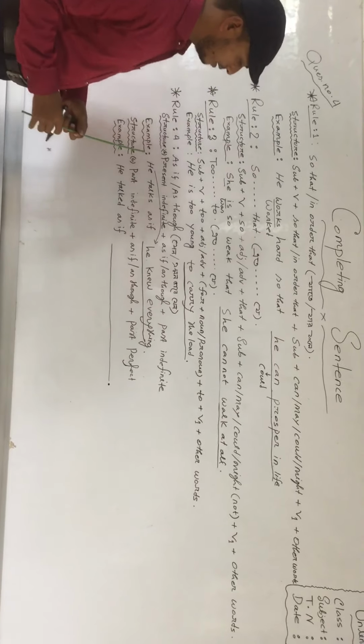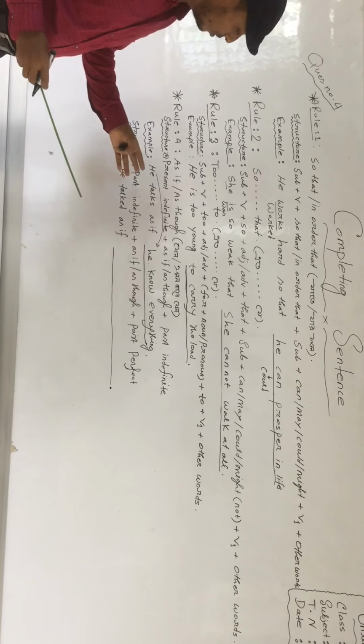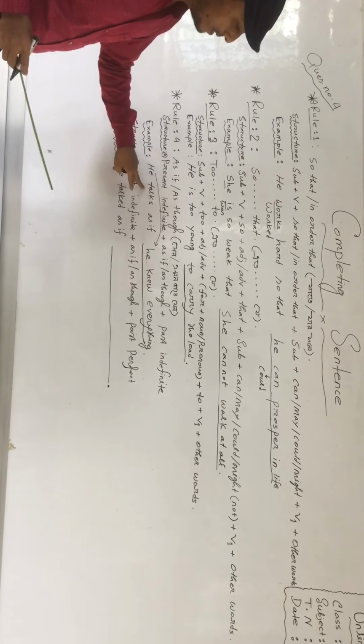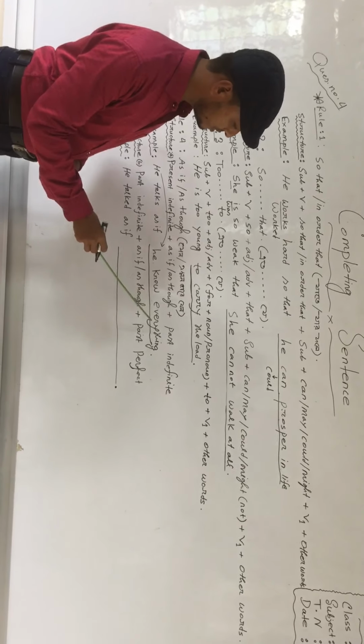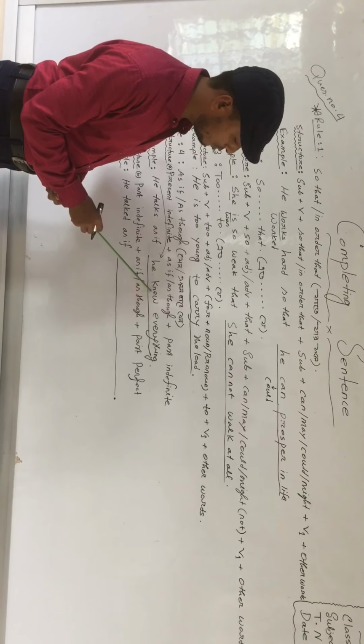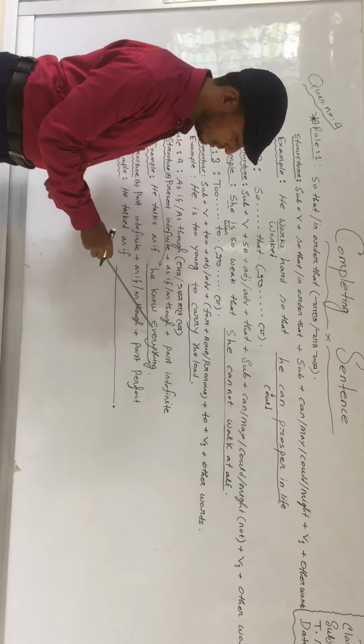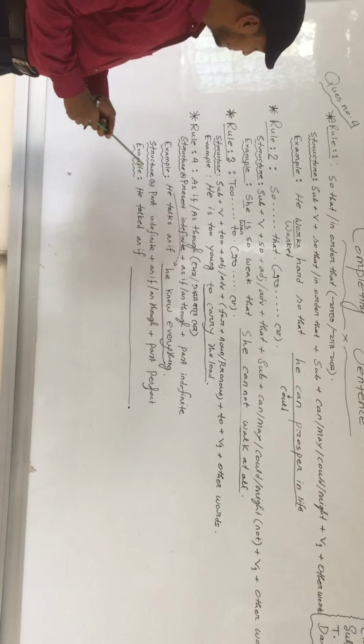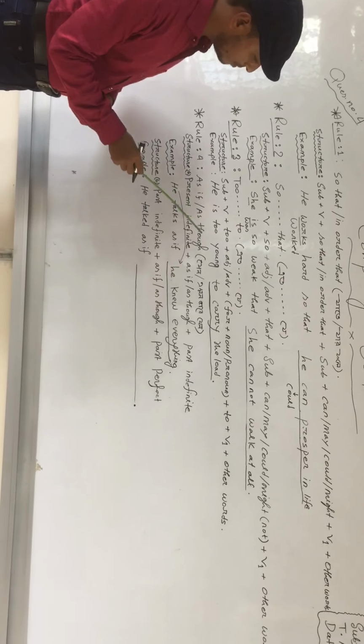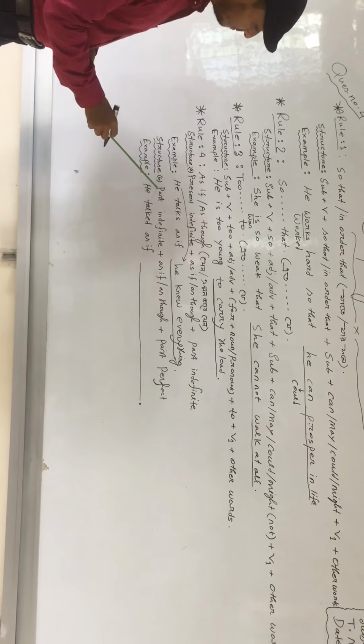Now this sentence is complete. The first clause is present indefinite and the second clause is past indefinite: subject plus V2 plus other words. And the second structure of as if or as though is here.